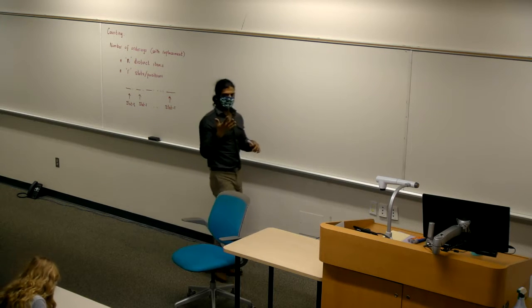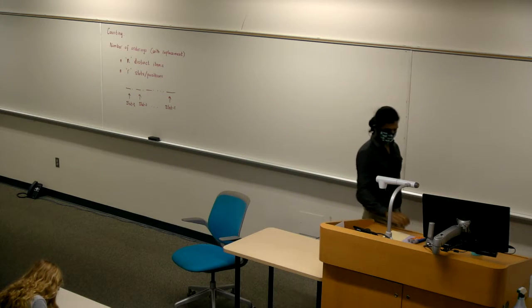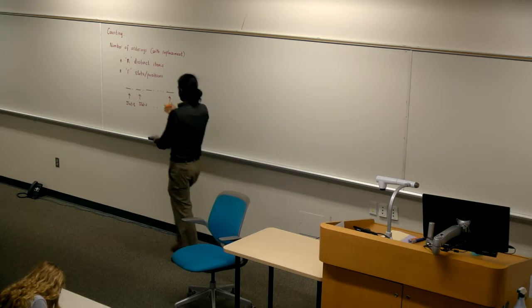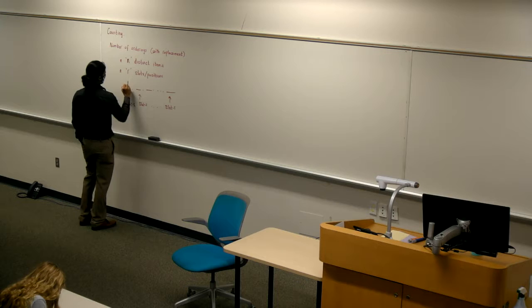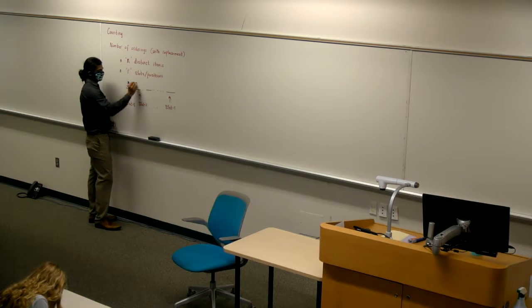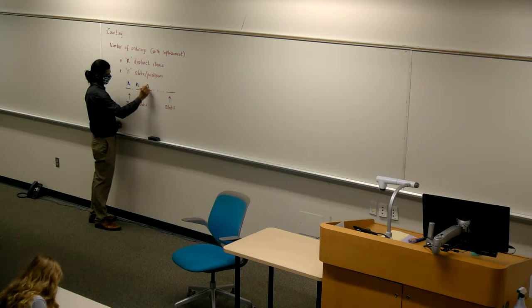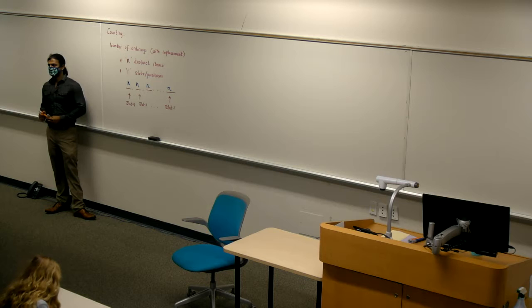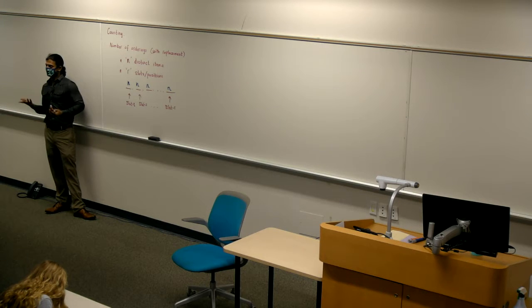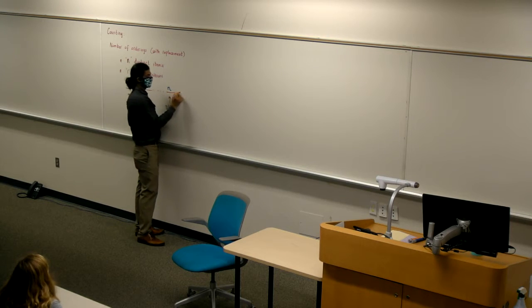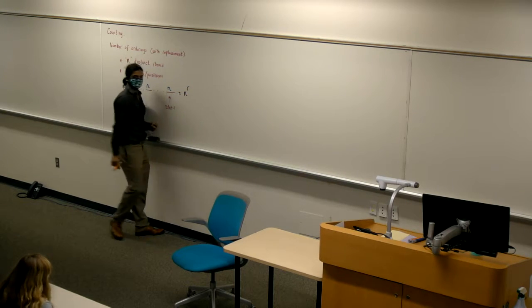And each of them could have n possibilities because it's done with replacement. So the first one would get n items, the second would have n, the third would have n, all the way up to the last one. Still have n, so n gets multiplied by itself r times, so the answer would simply be n raised to r.